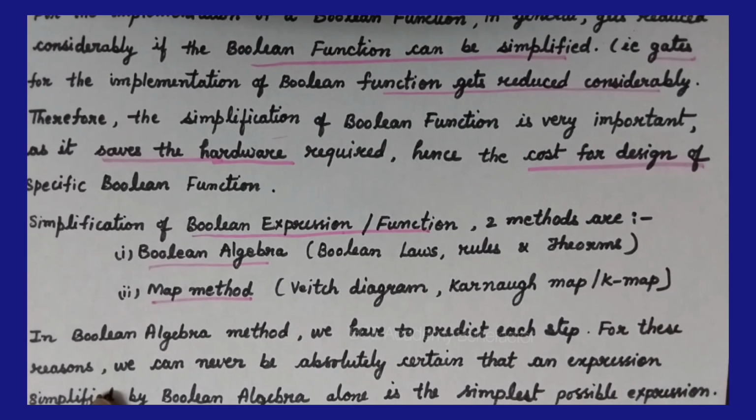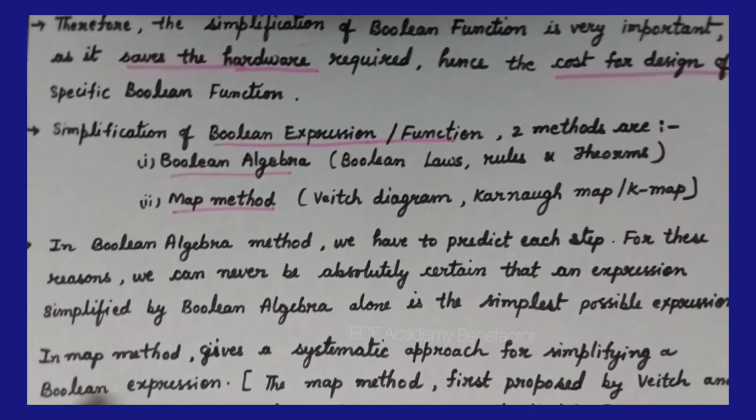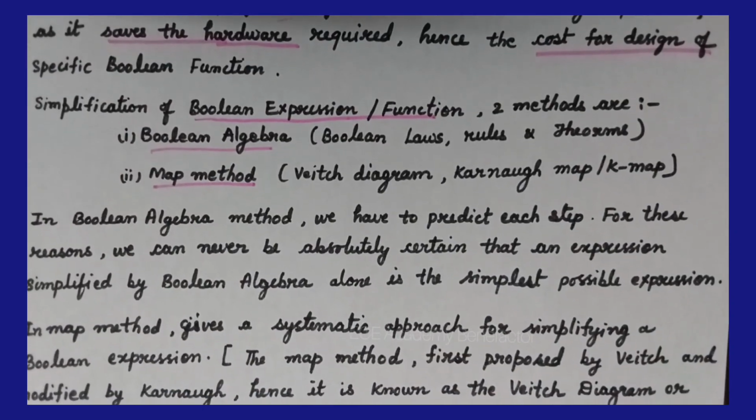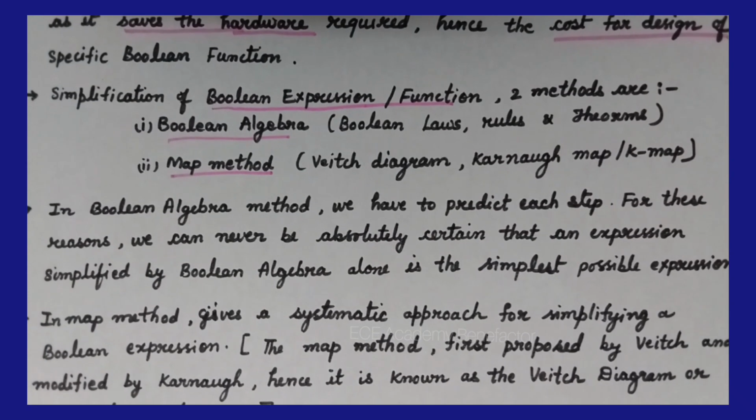So simplification or minimization of Boolean function is done using Boolean algebra or the map method. So what is the drawback of the Boolean algebra method, such that we need to go for the map method? Let us understand it here.